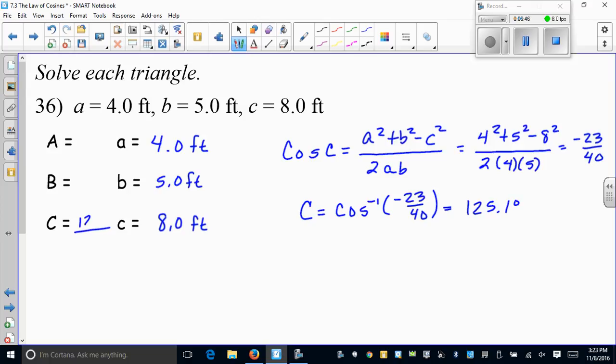Again, this is when I remind you to make sure your calculator is in degree mode. Okay, so from here, we can go for either our smaller or our larger one. We're going to go for the smaller one.